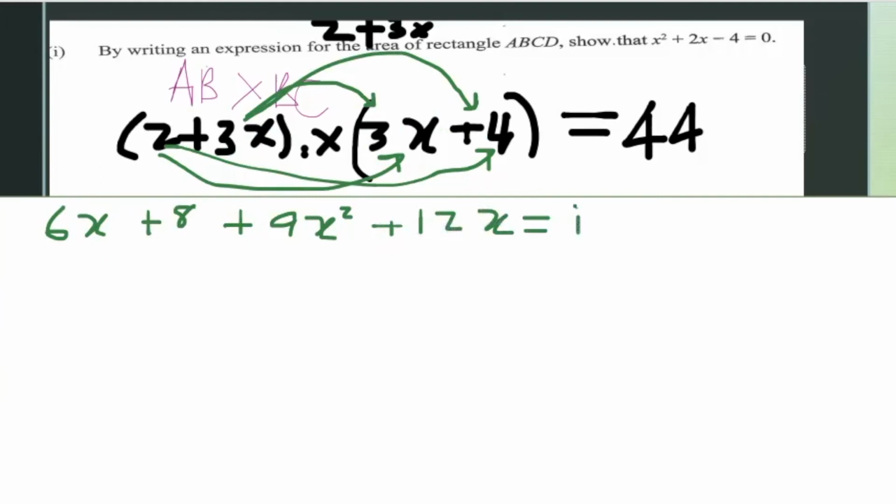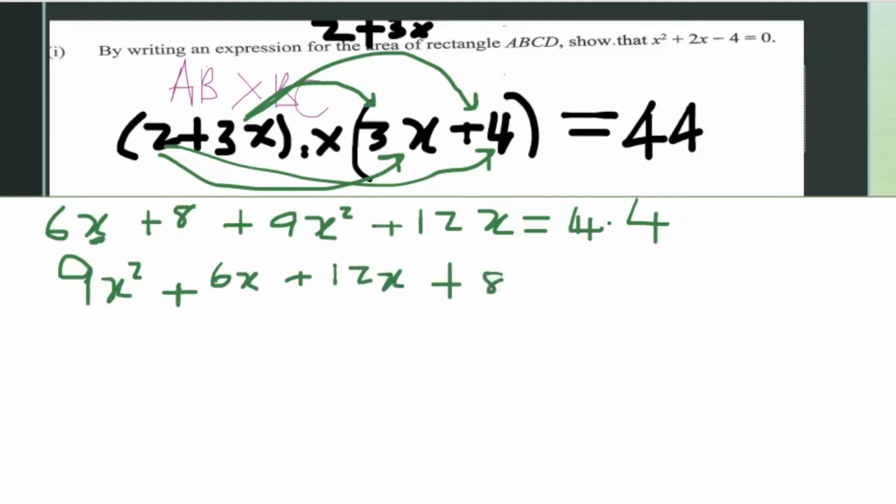equal 44. Rearranging and grouping like terms, I have 9x squared. And then I will write plus 6x plus 12x plus 8. Care about the 44, so it becomes minus 44 equal 0.